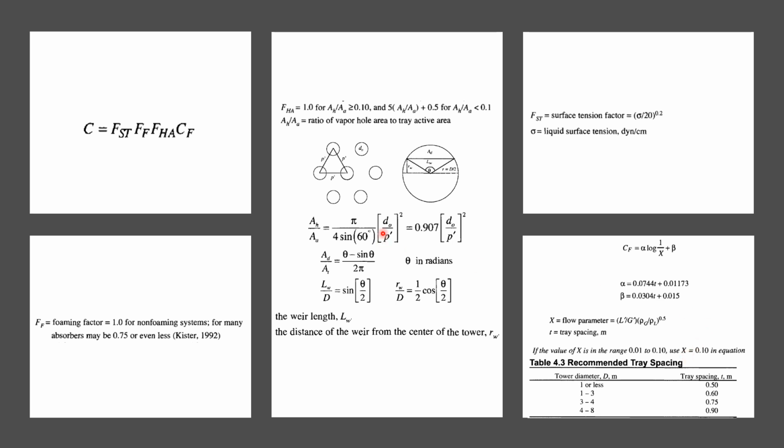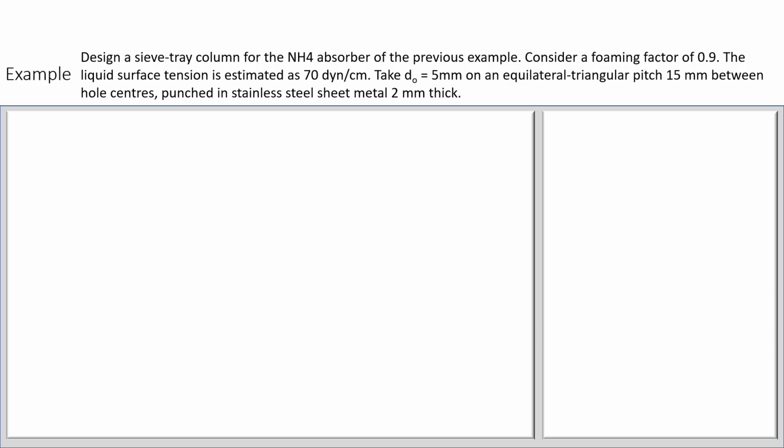So that's it. I now know FST, I know FF, I know FHA, I know CF, so I can calculate capital C. Once I calculate capital C and knowing the densities, I can calculate the flooding velocity, and then I can calculate the diameter straightforward. So let's apply this in an example, which is basically the same example we had for a packed bed.